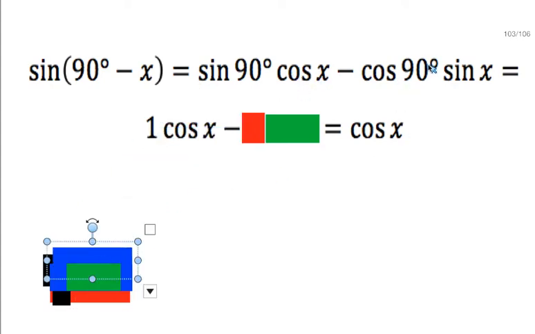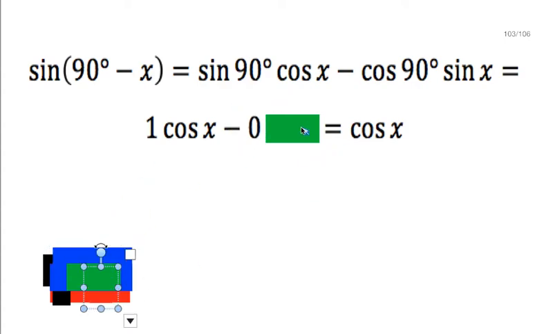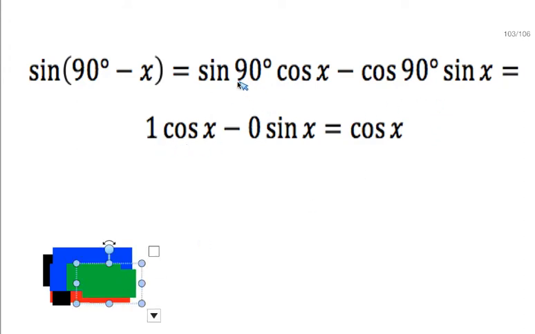Now cosine of 90 degrees is a 0. And then sine of x is just going to stay sine of x. Now notice that we went from very complicated to a little bit simpler, and then finally just our single term of cosine x. The reason why is 0 times sine x is 0, so we're not subtracting anything there, and we're just left with cosine x.